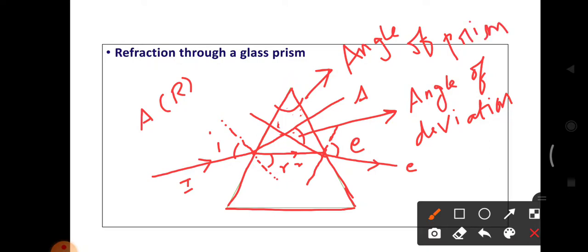So there are five angles present in the refraction through a glass prism: angle of incidence, angle of refraction, angle of emergence, angle of deviation and angle of prism. So this is the basic concept about refraction through a glass prism.